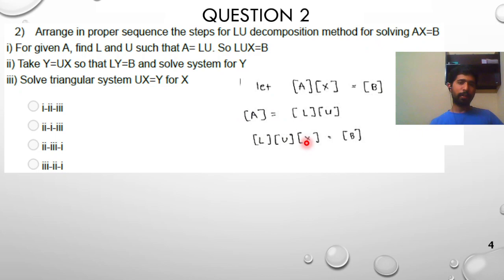That is what I have written here. Then the system of equations gets transformed, we write A as LU and X as it is, so LUX is equal to B.